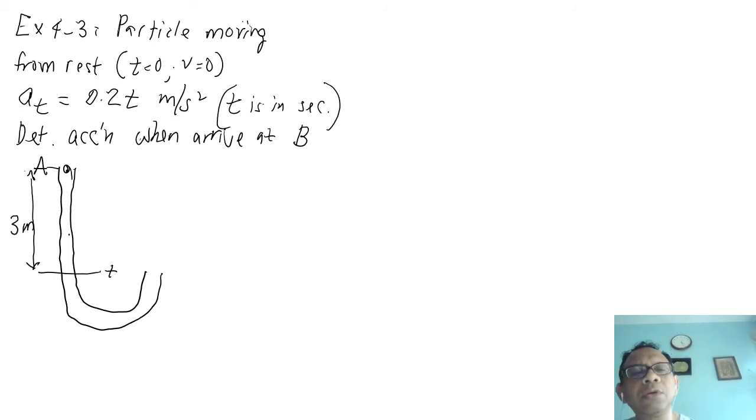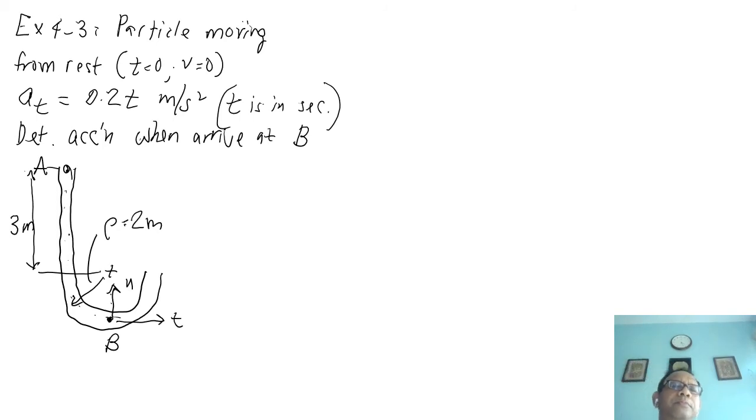It will go through a conveyor with rho of 2 meter, and then at point B, there's a point B here. The question asks us, at point B there is a normal component and a tangential component. It started from A, with tangential acceleration 0.2 t, and we determine acceleration when it arrives at point B.